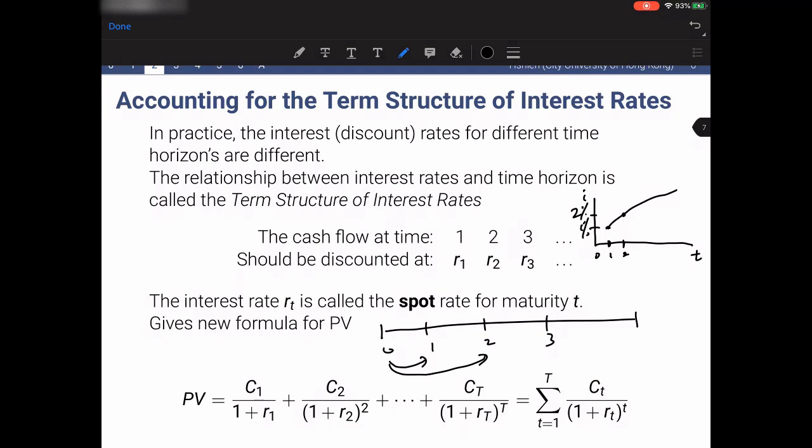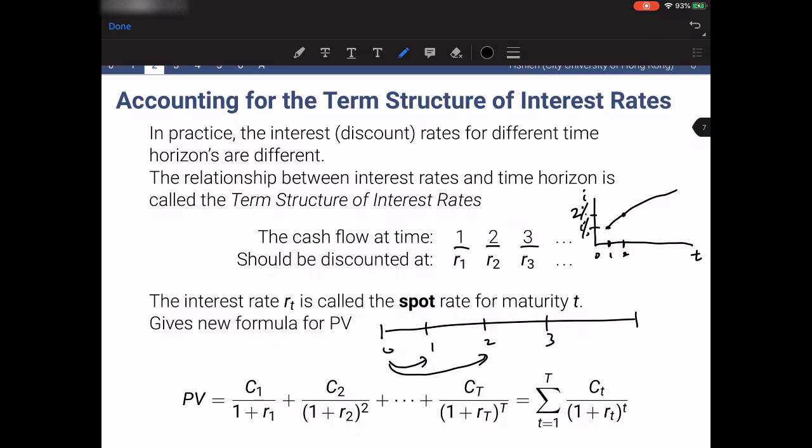Okay, so in this example that I give you, suppose we have cash flow at 1 year, 2 years, 3 years out. So this is what this means. For each of these time horizons or maturity points, we should actually be discounting these cash flows, if they are risk-free, at different interest rates, right?